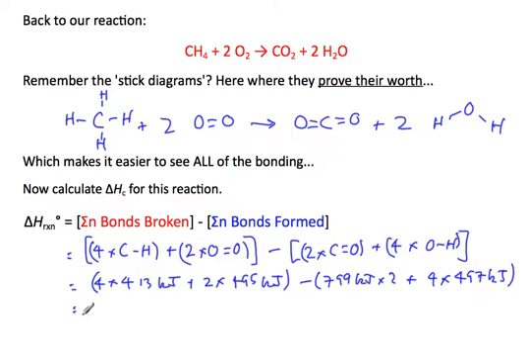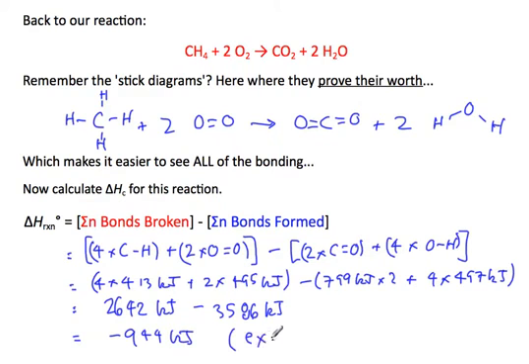And then we just carefully number crunch. What we get here is 2642 kilojoules associated with bond breaking minus 3,586 kilojoules associated with bond formation. And so when we subtract, we get negative 944 kilojoules.